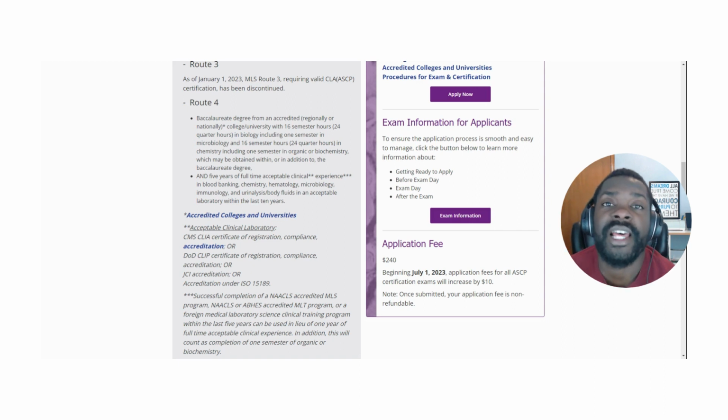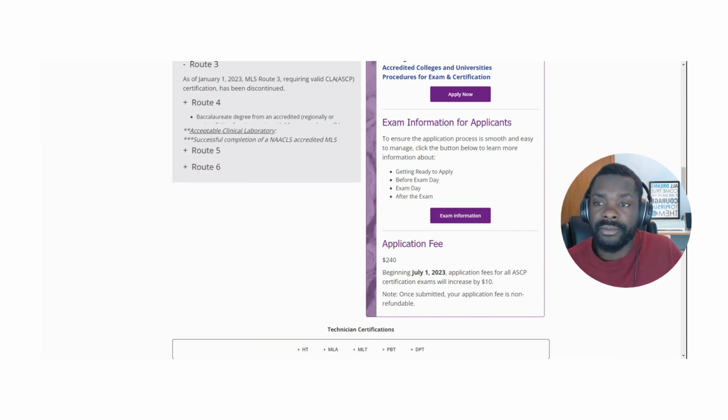And if you can bring it to them and show them that yes, this is what I did in the last 5 years, 7 years, 10 years, this is what I do, and this is what I did, then they are able to say, all right, you qualify through Route 4.